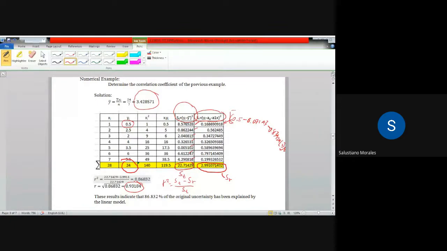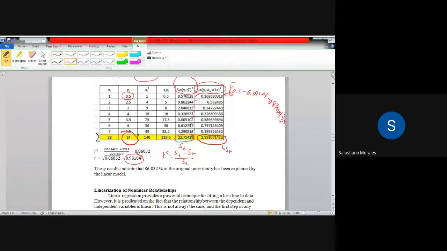So we can see that it is almost 1, meaning the resulting equation that we derived fits well. These results indicate that 86.832% of the original uncertainty has been explained by the linear model.